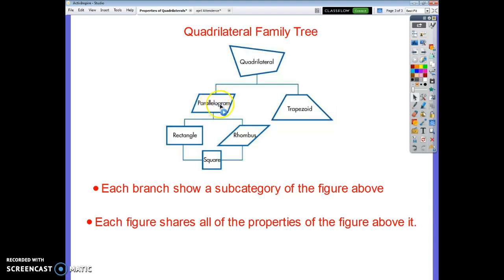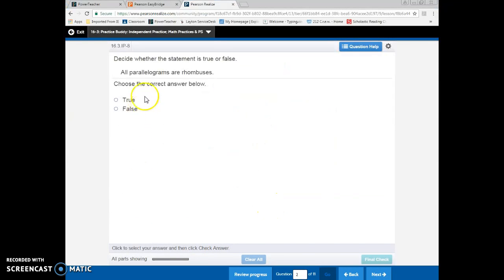So parallelograms are a subcategory of quadrilaterals, and rhombuses are a subcategory of parallelograms, and each figure shares all of the properties of the figure above. So all rhombuses are parallelograms, but not all parallelograms are rhombuses, because the parallelogram is on top of the rhombus. So all parallelograms are rhombuses.